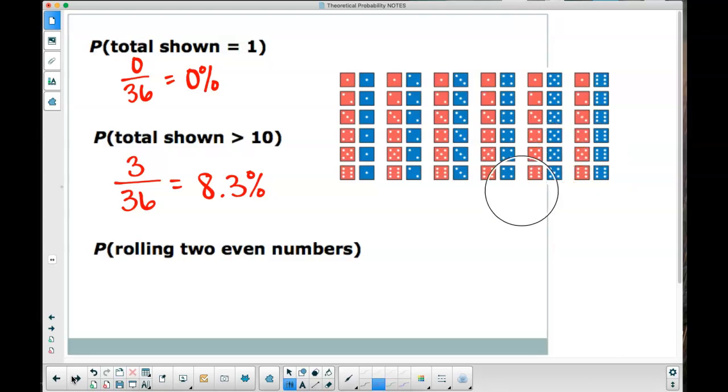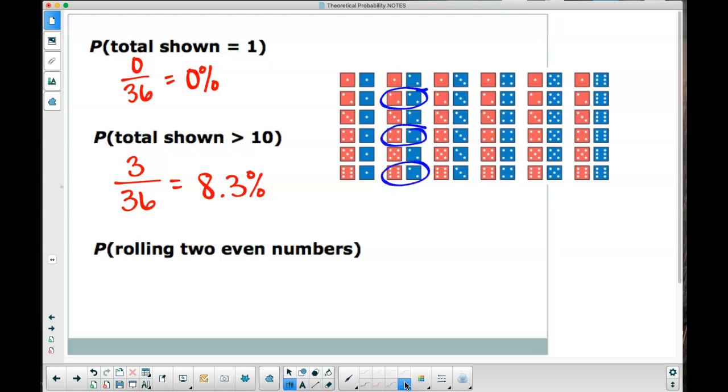Okay, the probability of rolling 2 even numbers. For me it's easiest to go through and circle these. They both need to be even numbers. What are even numbers? 2, 4, 6, 8. 2, 4, 6 in this case. And both dice have to have an even number. So can I choose any from this column? No. Here they're both even, both even, both even.